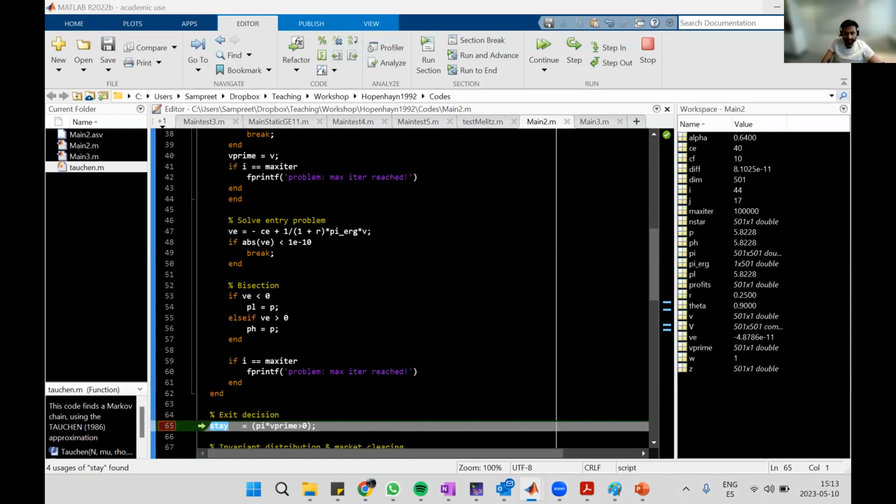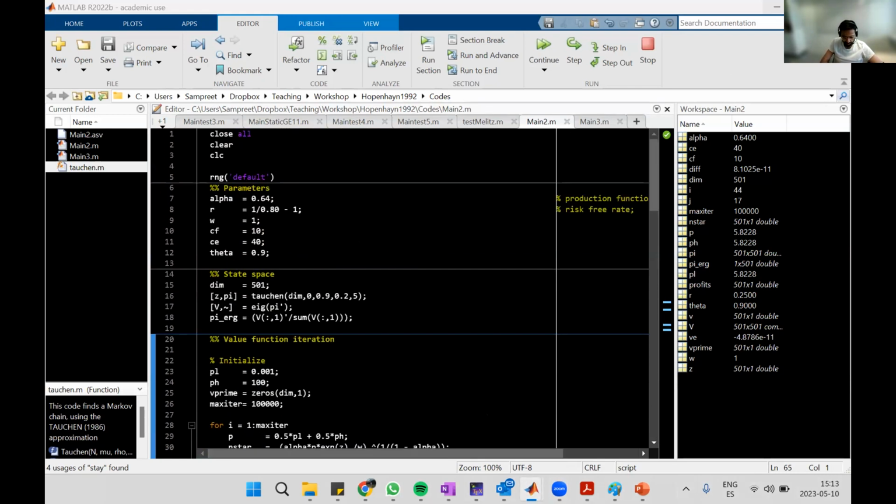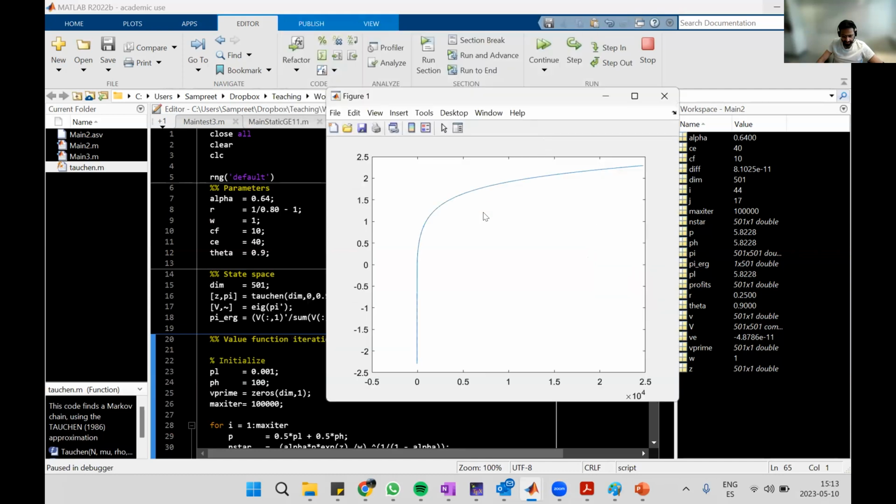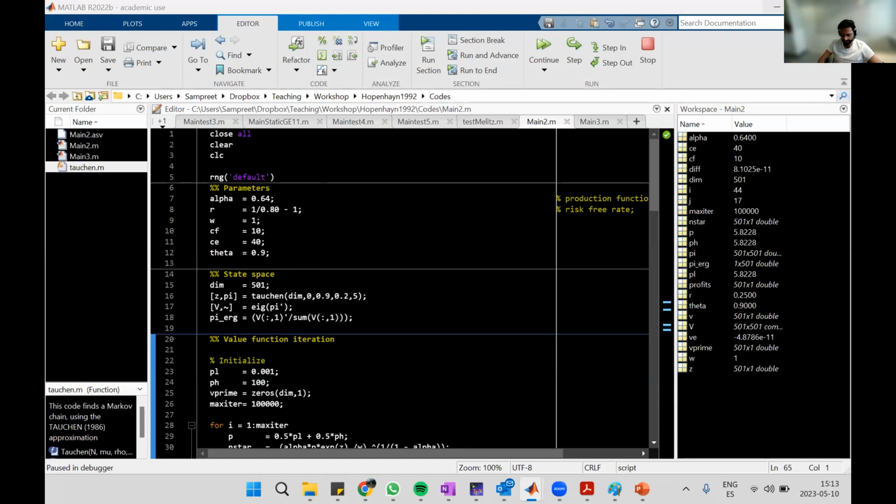Plot. Yeah. So you see, this is the value of the firm.